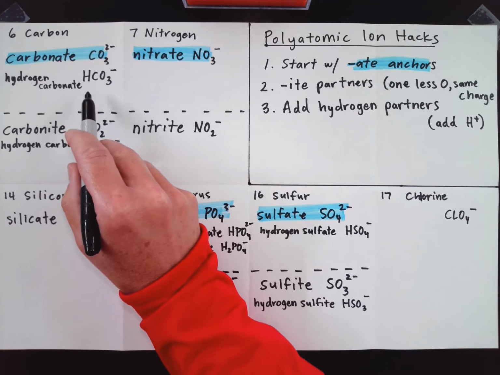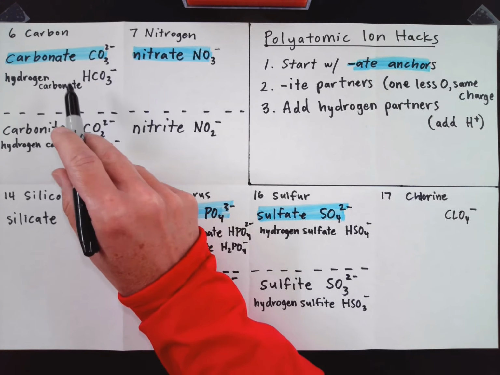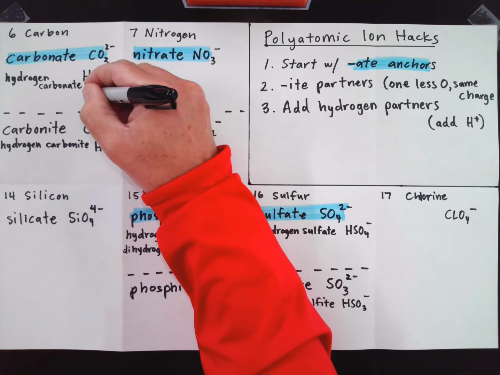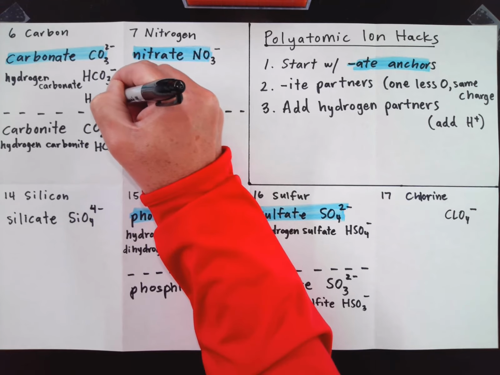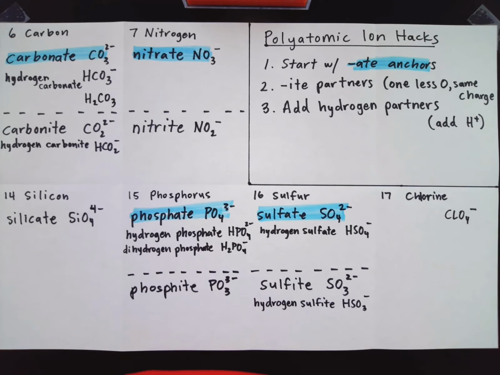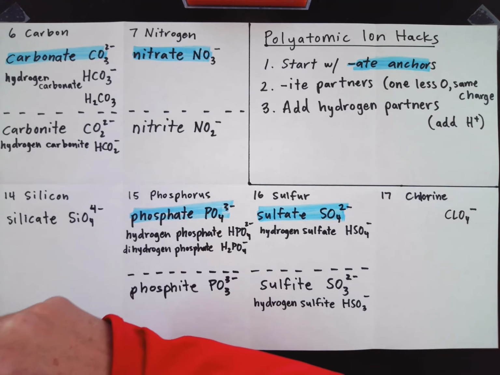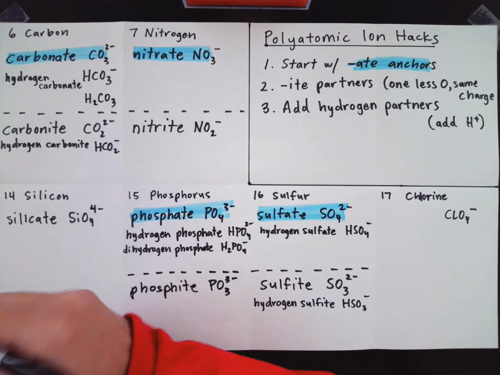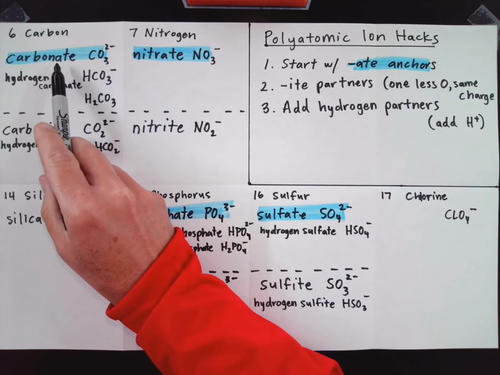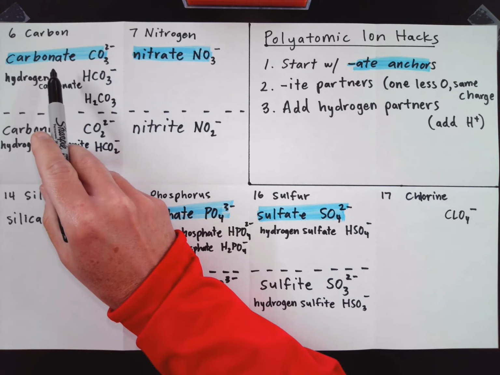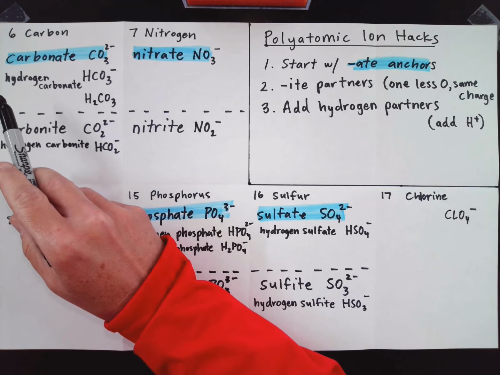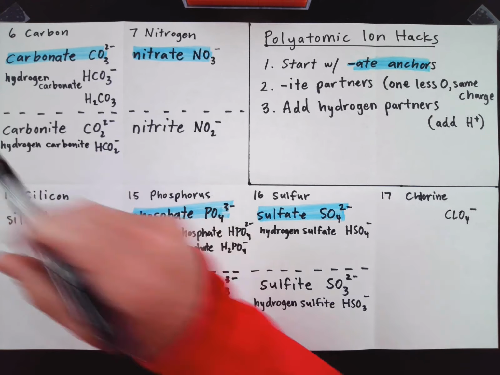So if I were to stick another H+ on hydrogen carbonate, that would be H2CO3, and now it's neutral. It's actually the formula of an acid. So back to our acid naming rules, when it is based on an ate ending, it takes an ic ending as an acid.